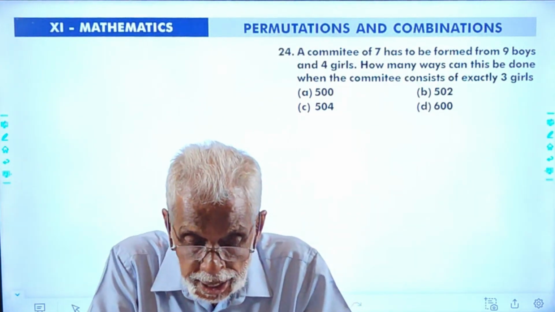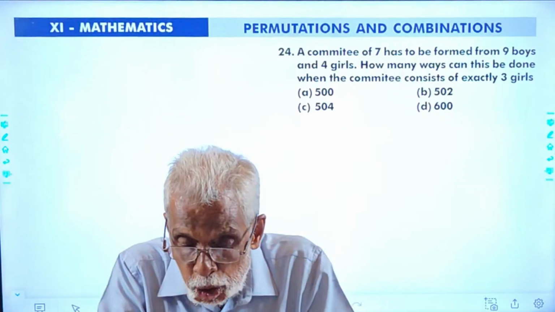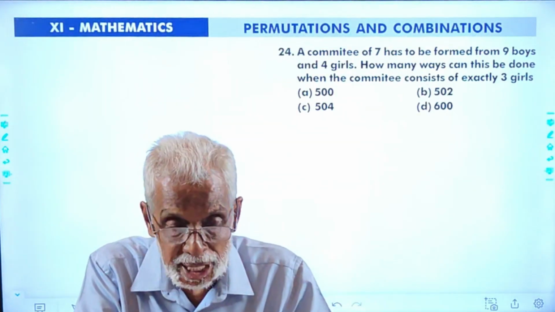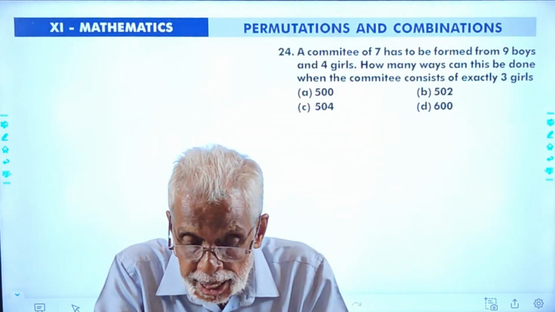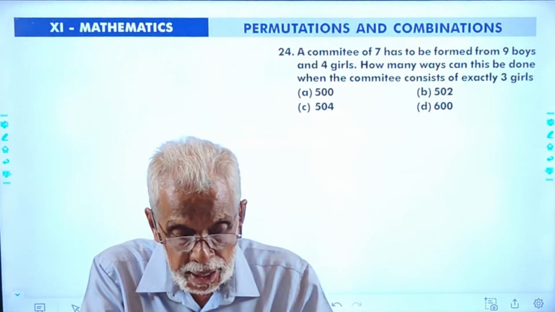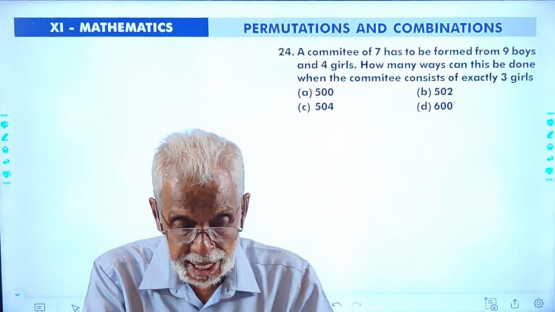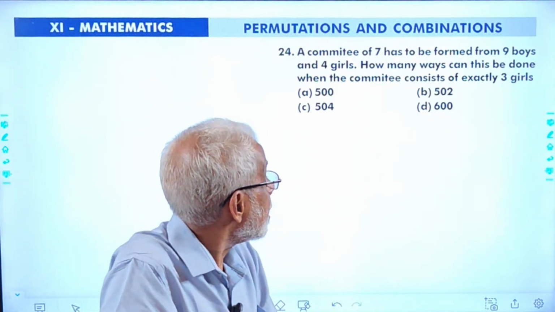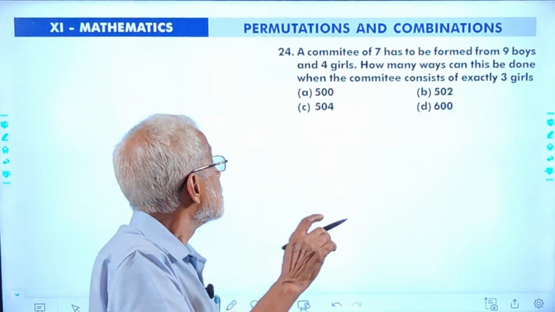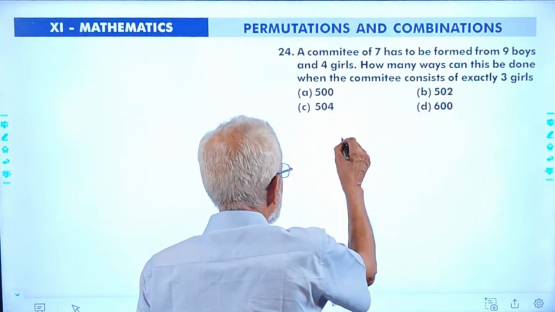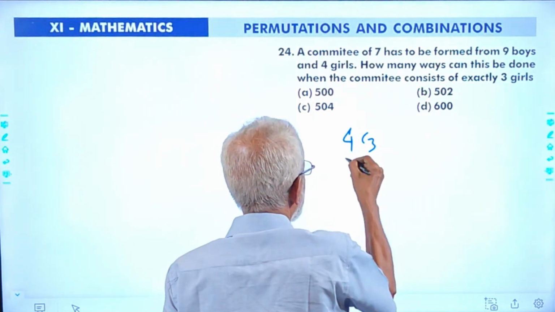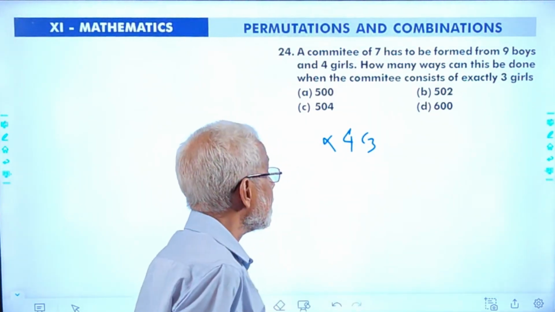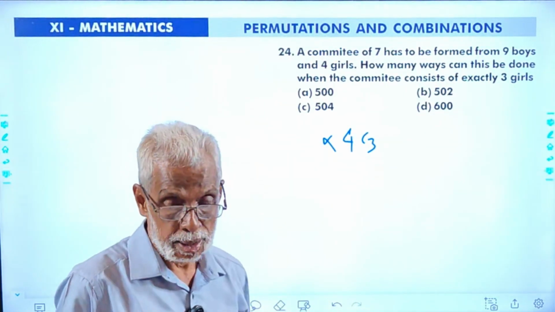Our question is, a committee of 7 has to be formed from 9 boys and 4 girls. How many ways can this be done when the committee consists of exactly 3 girls? Look, there are 4 girls. Since we need exactly 3 girls, the 3 girls can be selected from 4 girls in 4C3 ways.